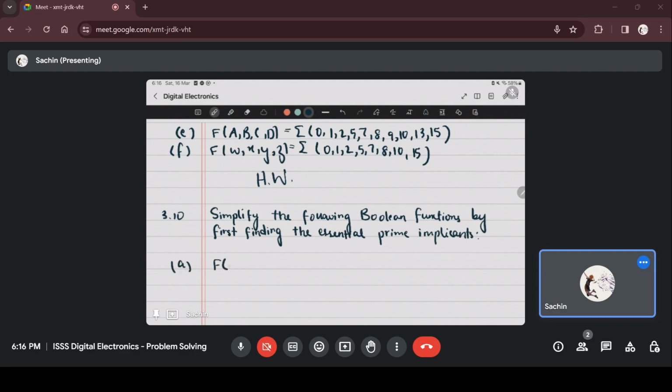Part A, f of wxyz is summation 0 to 5, 7, 8, 10, 12, 13, 14, 15.